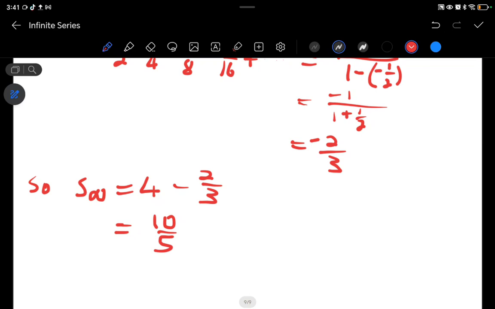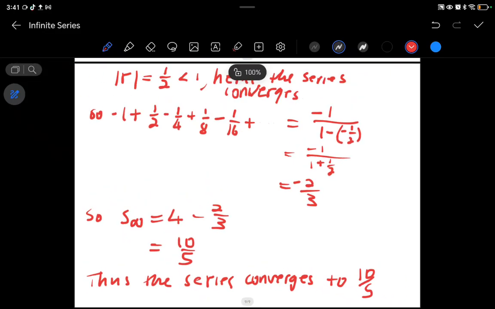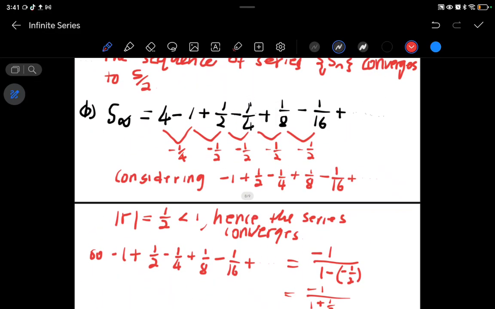So you see that this one converges. We can say thus the series converges to 10 over 5. You see, right? Then we know the series converges to 10 over 5.